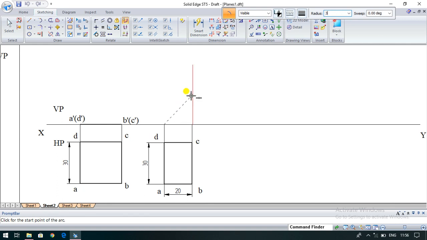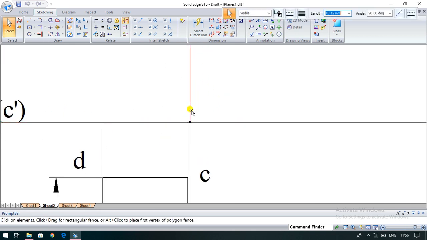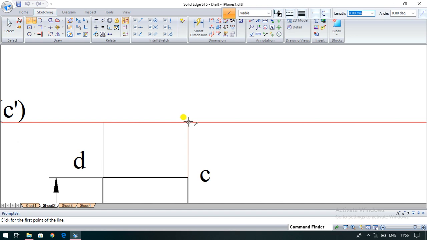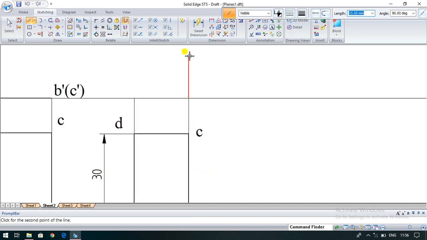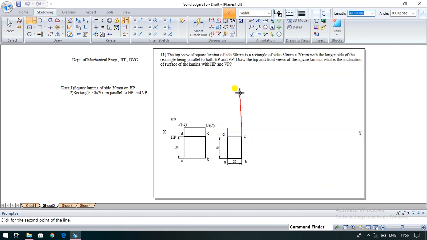The radius of the arc by center point is 30 mm. Now cut the arc with the vertical line. It is not exactly on the line, so I will delete this line because it does not touch point C exactly. Once again I will draw from the end point of the C line. So draw the vertical line.